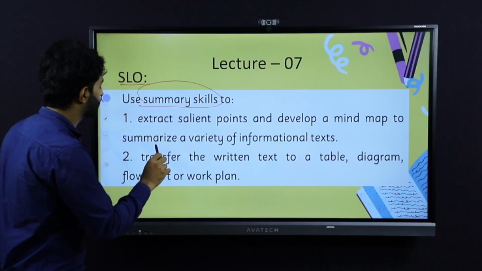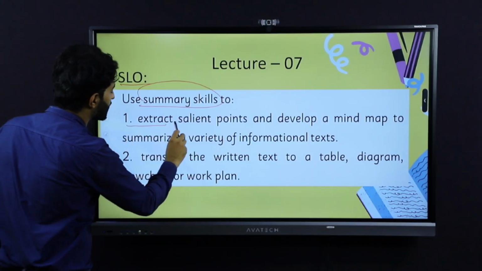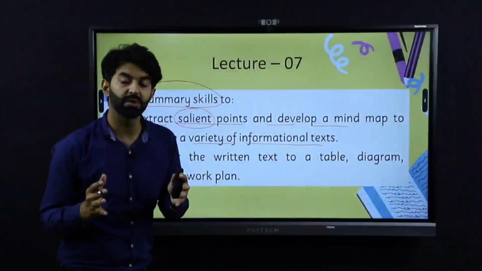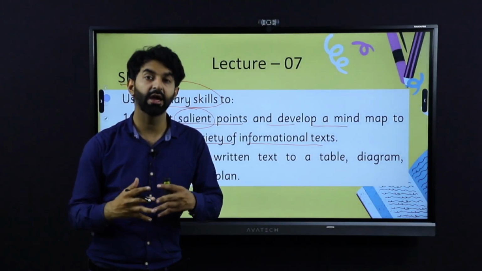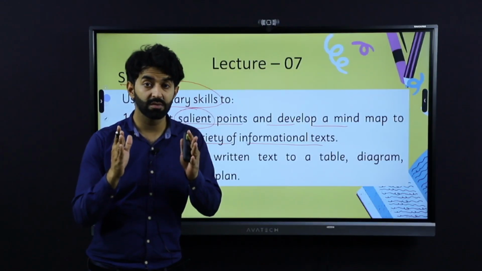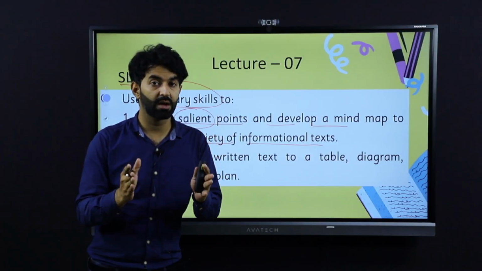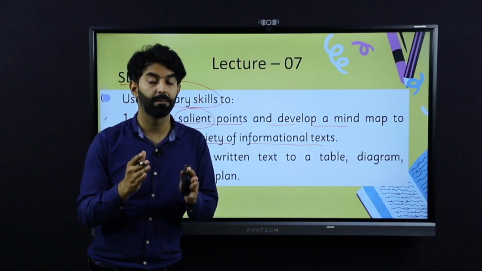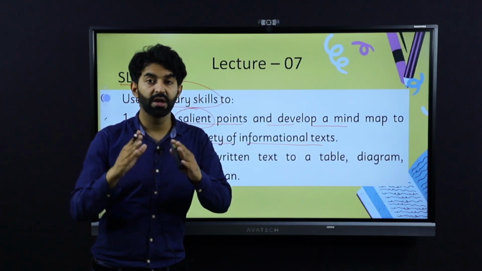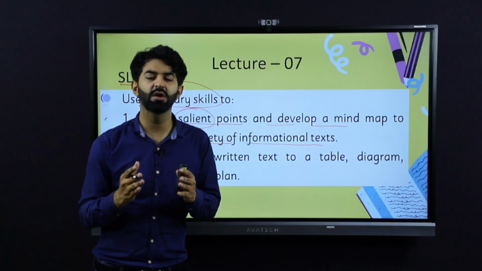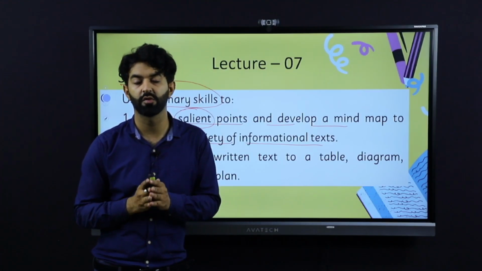Now, for summarizing, you will be extracting salient points of informational text. When we are reading something, it takes a lot of effort and we have read so much stuff. So now we are going to create a mind map. Take a pen and a pencil or a paper and then organize everything that you have understood so that you can create a very good summarization and a very good understanding of the text.